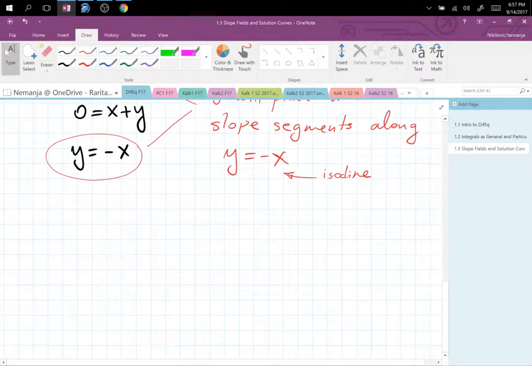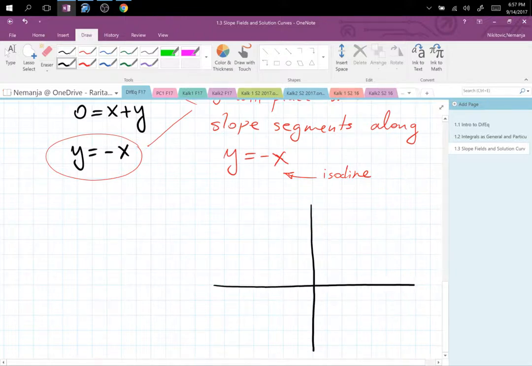So let's do this. I will start my graph here. The isocline is not important for my solution, but I need the isocline as a construction line on which I will place the little line segments with slope 0. So I pick this gray color and I draw a very light -45 degree line, right?